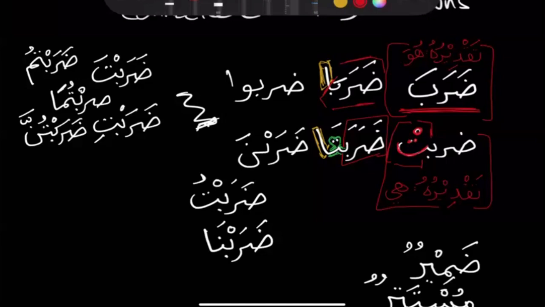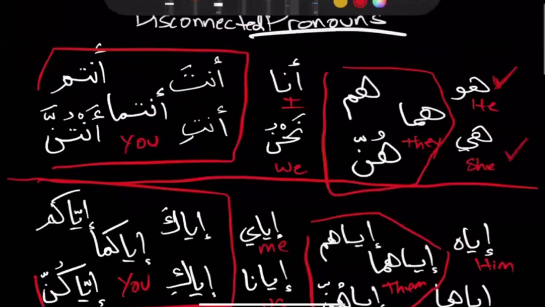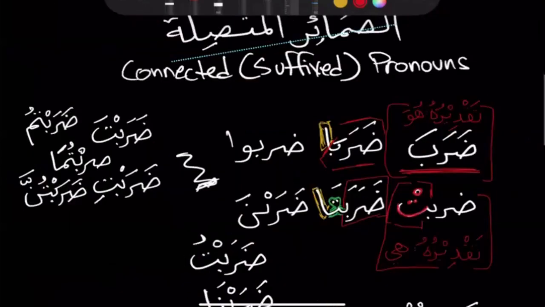darabtuma? Darabtuma, that's one you're speaking to. The one you're speaking to? Yeah, anta. Antuma. And this is, oh, huma. Okay. So this one right here, daraba and darabata, they correspond with huma. You're asking me about antuma. Yani here, darabtuma goes with antuma.